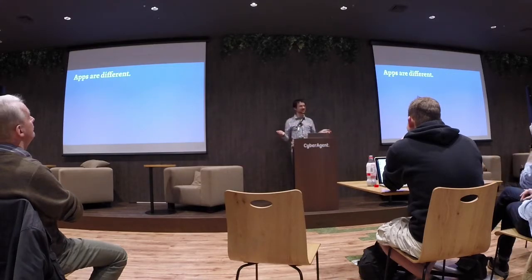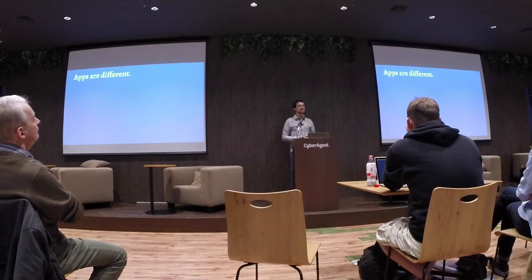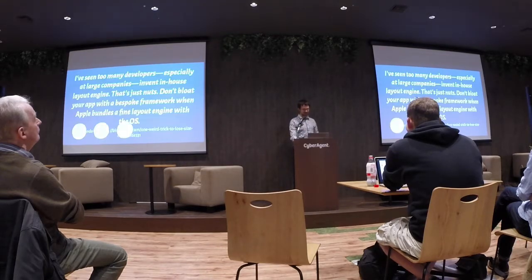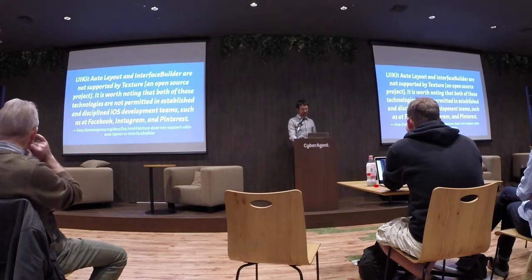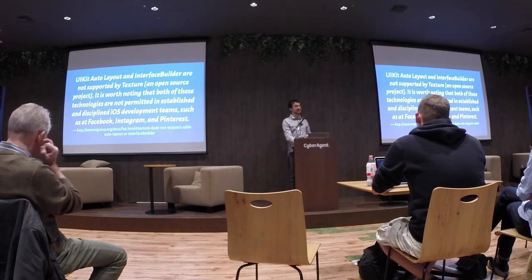Point number 2, apps are different. When you have an app, you may be solving very different problems from a developer who is doing a different app. In my second quote, for example, if I go back to the quotes, this quote is by Texture, which is an open source framework done by Pinterest.